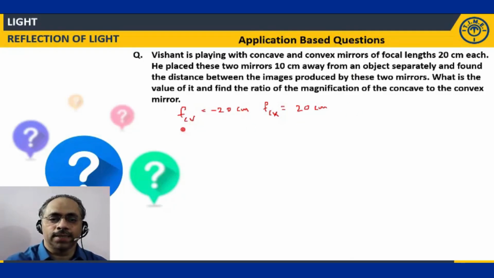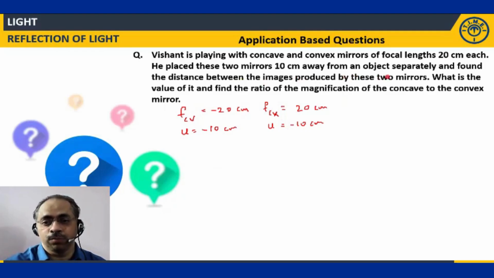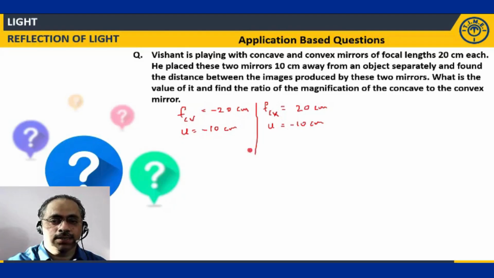So for both the cases, U is equal to 10 cm. Here also U is equal to 10 cm. But the object distance will be negative in both the cases. Clear? And he found the distance between the images produced by these two mirrors. Okay. What is the value of it? That means you need to find out the distance or image distance in the first case here, say Vv. Sorry, Vv. Let me write it as Vv.